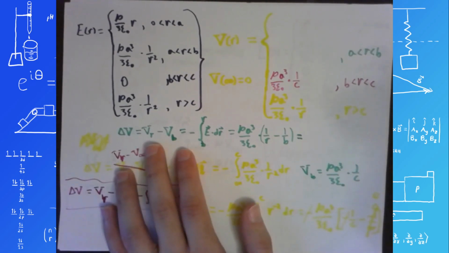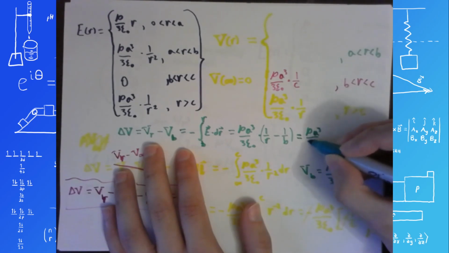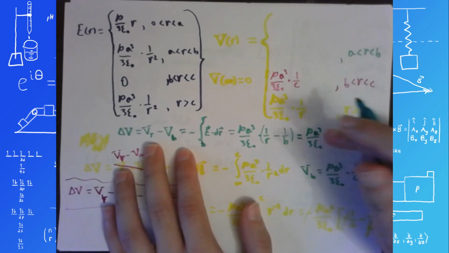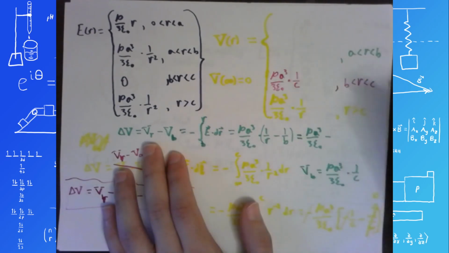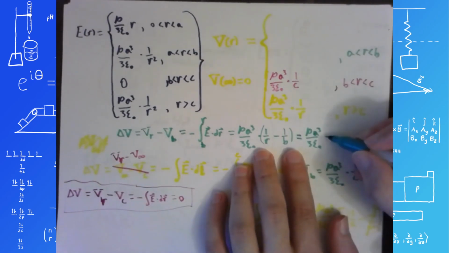So VR then is just going to be, let's see, rho a cubed over 3 epsilon naught times 1 over r minus rho a cubed over 3 epsilon naught times 1 over b, and then add VB to that. You know what? I'm just going to keep this expression. I'm not going to distribute.